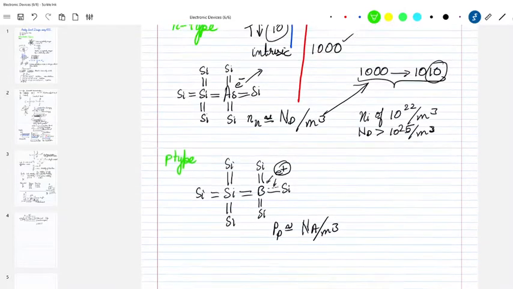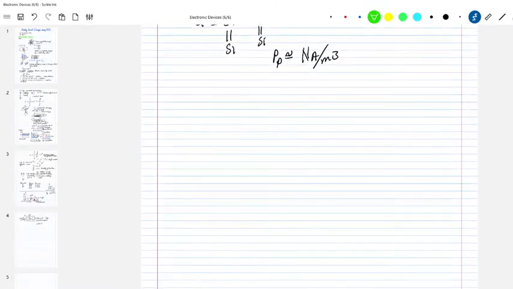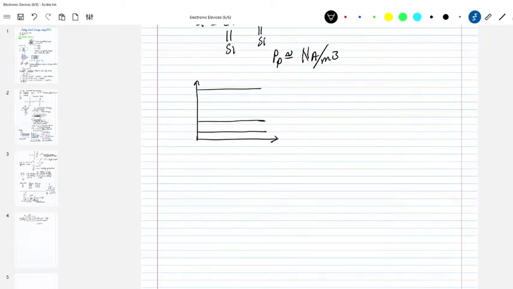Now something interesting happens in terms of energy band. I'm going to draw an energy band of p-type and n-type. So let's say intrinsic first. If you have intrinsic silicon, then electron-hole pairs are generated. So this is the valence band, that's the conduction band. So electrons and holes are generated in pairs.